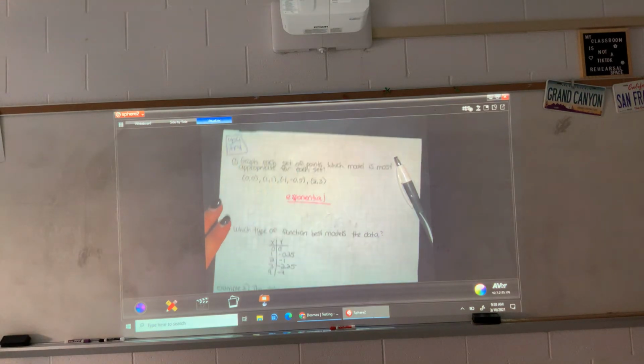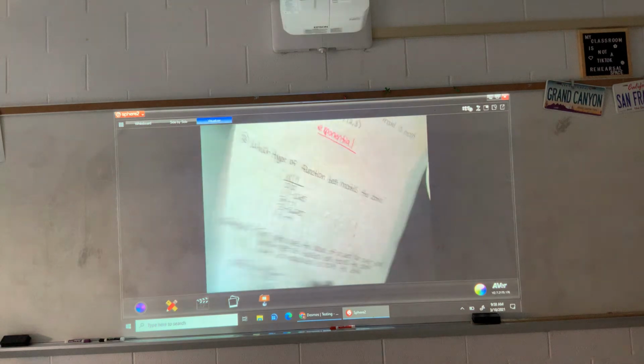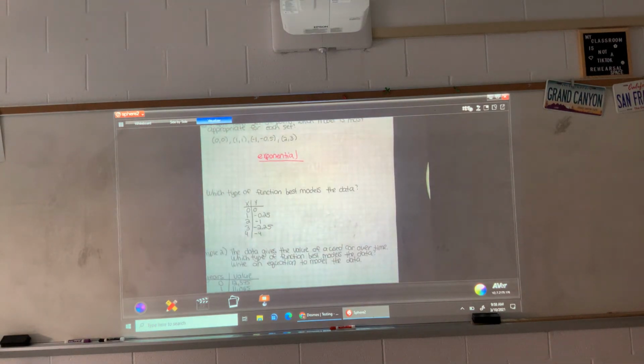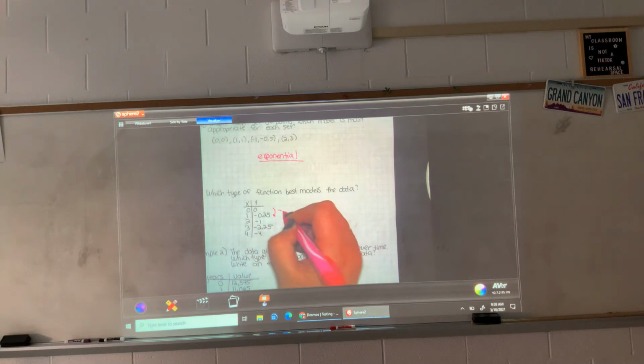Let's look at the second one. Again, I could use Desmos, but we have to know how to do it without using Desmos. So I look from here to here, I have negative 0.25, I subtract. Here to here, minus 0.25.